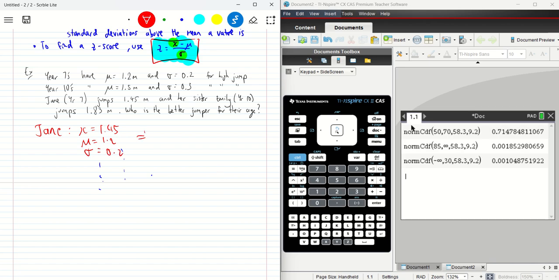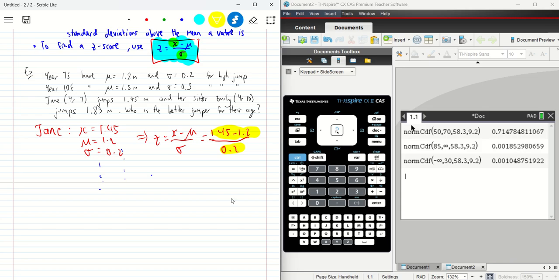And so what that means is her Z score will be equal to X minus mu over sigma, which is 1.45 minus the average, 1.2, divided by 0.2. And if you think about it, that top line, 1.45 take away 1.2, is how far above the mean she is. Then if you divide by the standard deviation, that tells you how many standard deviations she is above the mean.